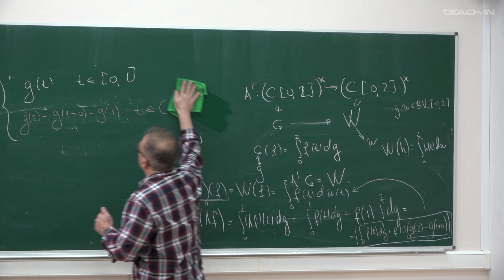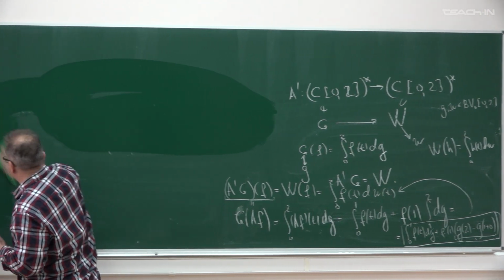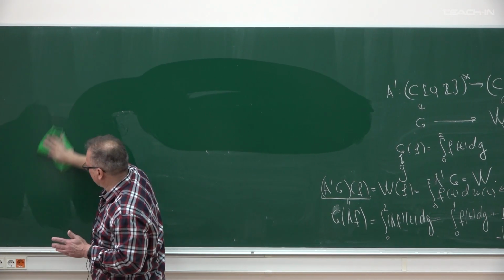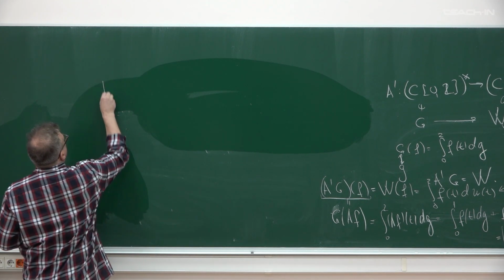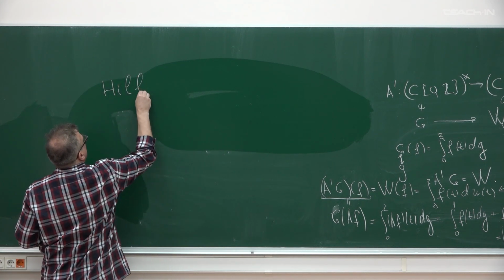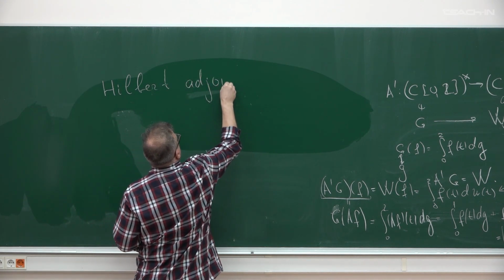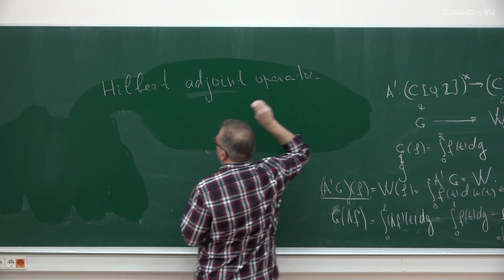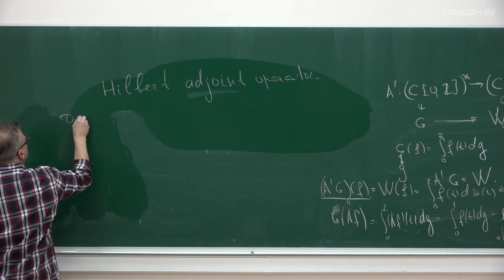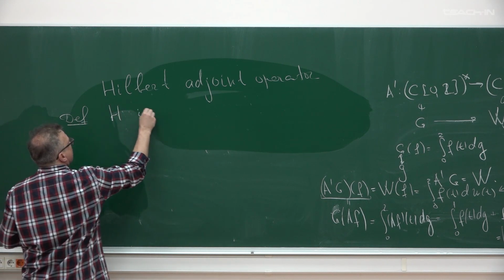So let's go to the Hilbert, more typical situation, more useful for you, the so-called Hilbert adjoint operator. What do we have? Definition. H is a Hilbert space.